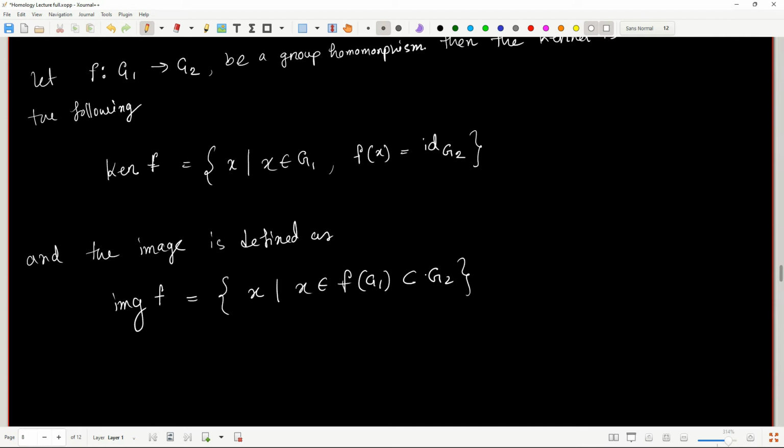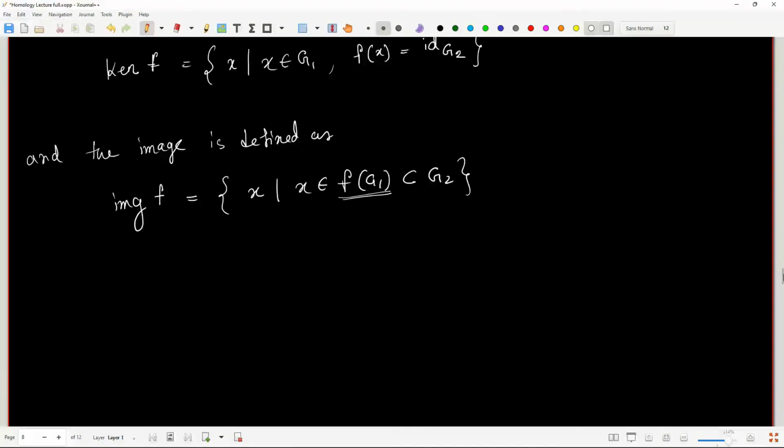That means you are taking the whole group and you are acting F on G1 and it's producing elements of G2, and all these elements will form a subset of G2. This is the image of a group. And now we're ready to define the fundamental theorem of homomorphism.